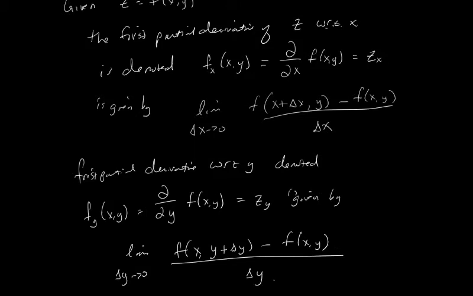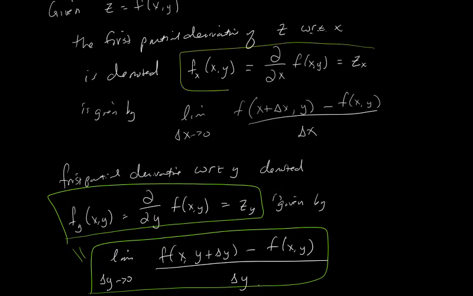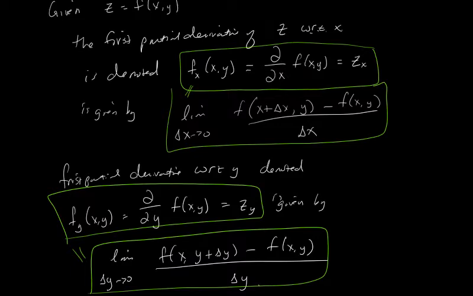Okay, so this is our partial derivative with respect to y, and this is our partial derivative up here with respect to x. Of course, this assumes that that limit exists.